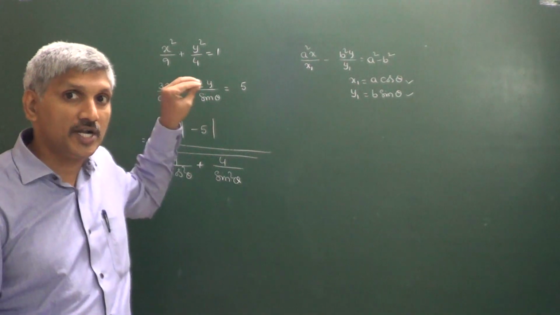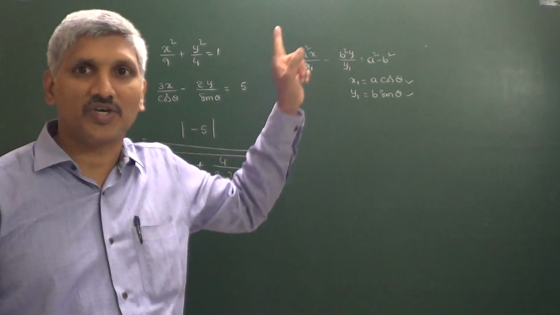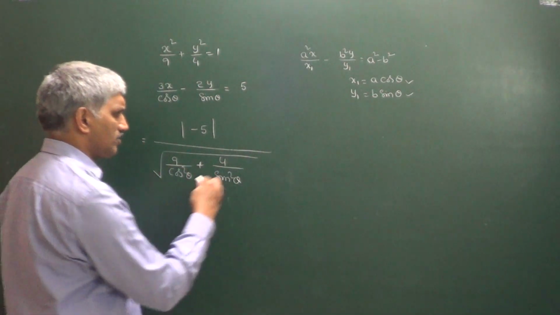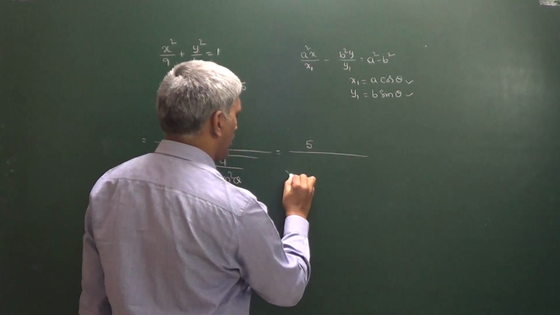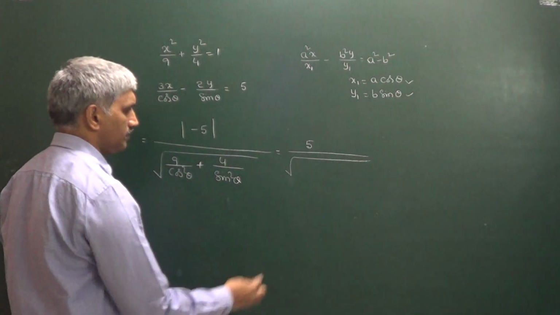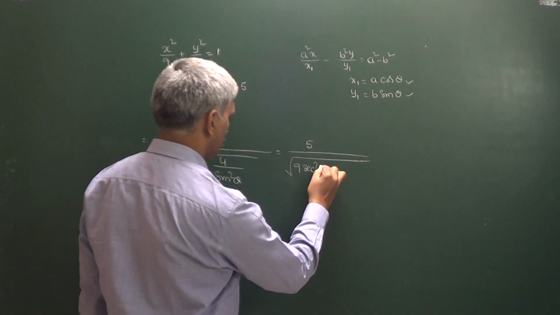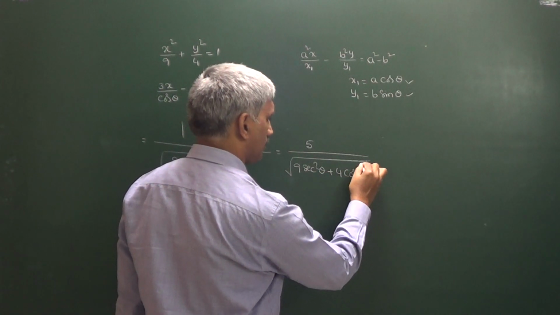He is saying that this distance is a maximum. Then what is the equation of the normal? Okay, he is asking when this distance is maximum. Now this can be written as 5 divided by square root of 9 into secant square theta plus 4 into cosecant square theta.